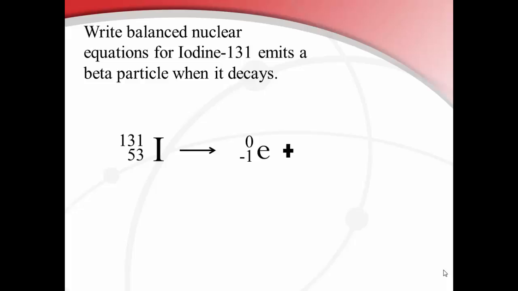Now, 131 must equal 0 plus a number. 131 equals 0 plus 131. 53 must equal -1 plus a number. 53 equals -1 plus 54. And looking up on the periodic table of elements, the symbol for the element with an atomic number of 54 is xenon. This is the complete equation for the beta decay of iodine-131.